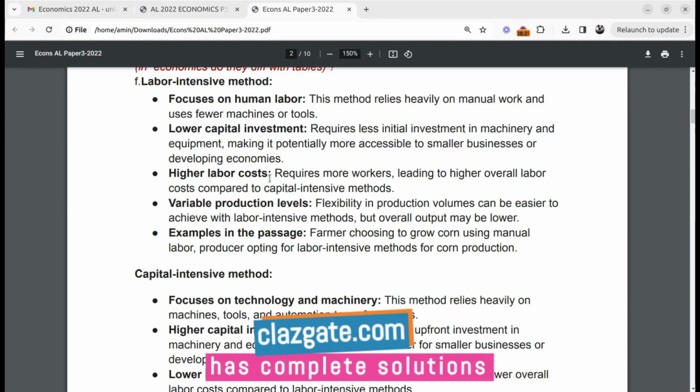Point 3, higher labor cost. It requires more workers, leading to higher overall labor costs compared to capital-intensive methods. Point 4, variable production levels. Flexibility in the production volumes can be easier to achieve with labor-intensive methods, but overall output may be lower.